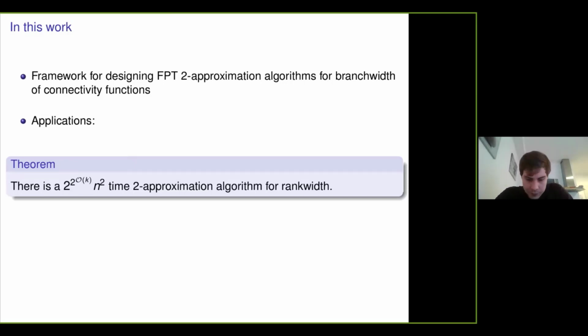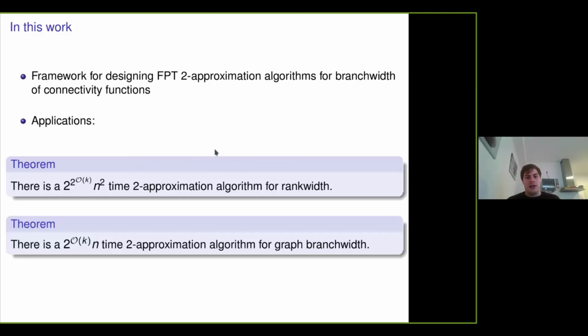And this is the first algorithm for rank width where the dependency on n is only quadratic. Then the second application is a two-approximation algorithm for graph branch width, and this time with time complexity linear in n and single exponential in k, which is the parameter of the branch width.